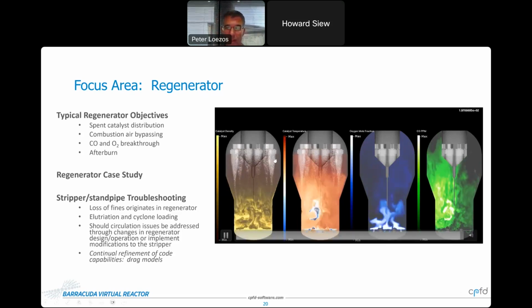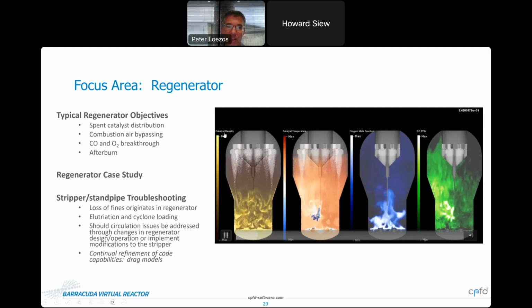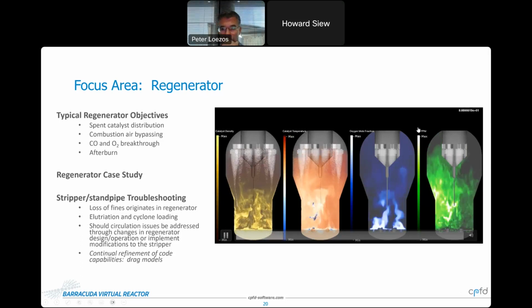If you look at the animations on the right, I'm showing you 4 different animations of their base case operation: catalyst density, catalyst temperature, oxygen mole fraction, and CO concentration.